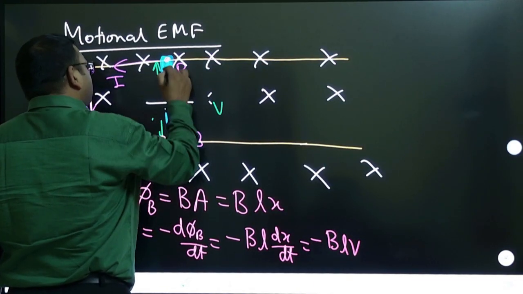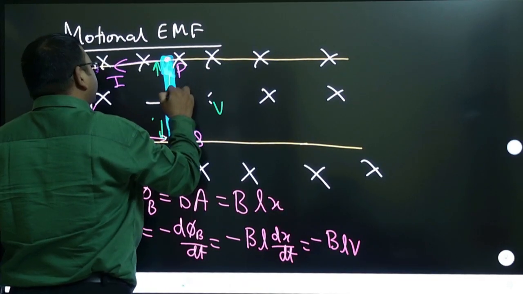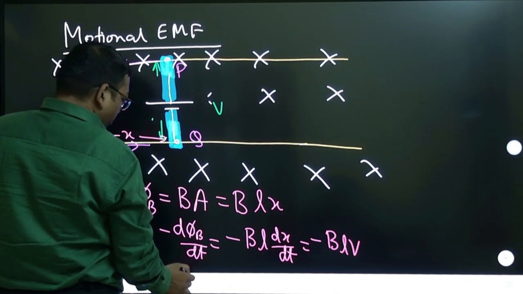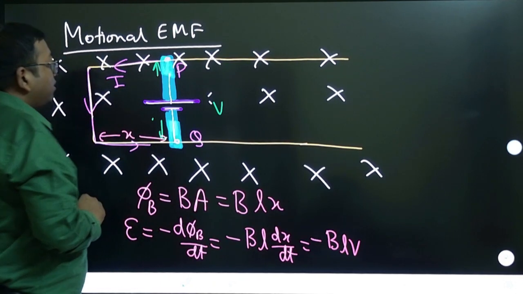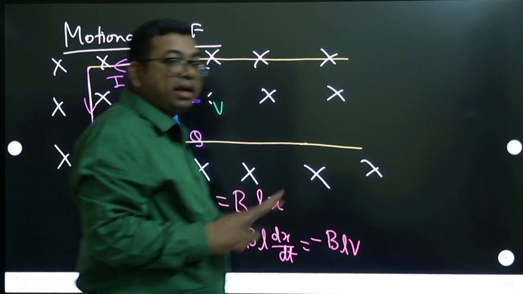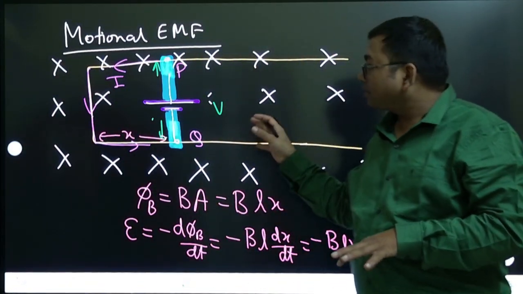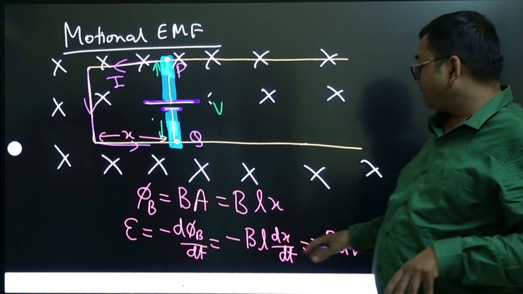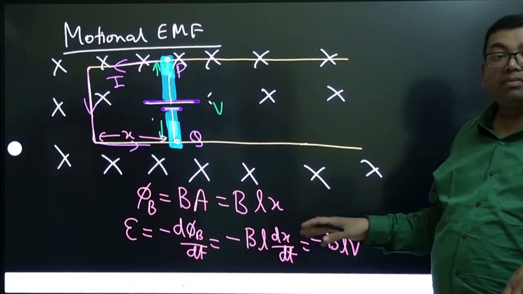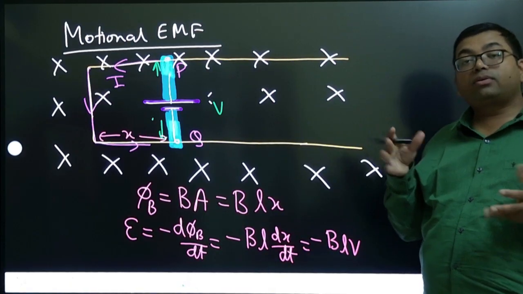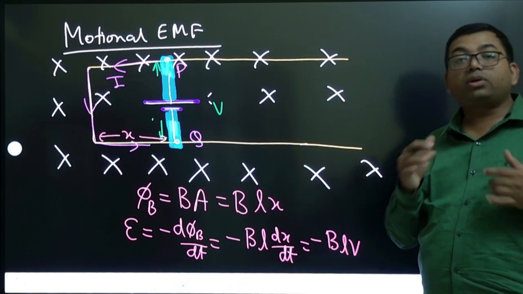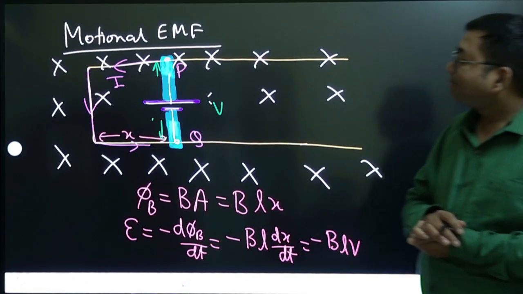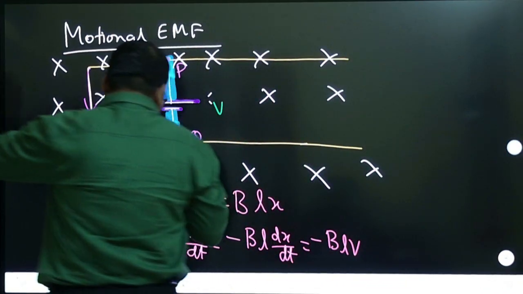We can show this rod like a battery with this end as positive and this as negative. So that means this is like a battery now, EMF, and this EMF value is BLv, and if you are moving it with a constant velocity, it will have a constant battery voltage. That's what it is. So this is what is motional EMF.